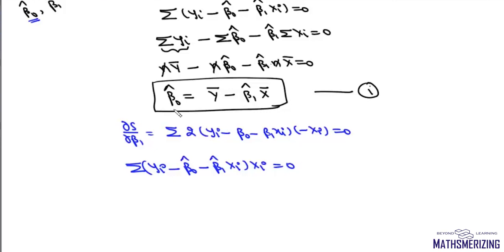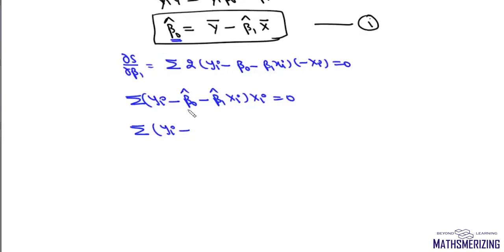Now what we'll also do is we'll put the value of beta naught cap as y bar minus beta 1 cap x bar. So we'll actually write this as this summation yi minus, now beta naught cap is y bar minus beta 1 cap x bar. So it'll be minus y bar, and then minus minus plus will be beta 1 cap x bar minus beta 1 cap xi into xi will be equal to 0.